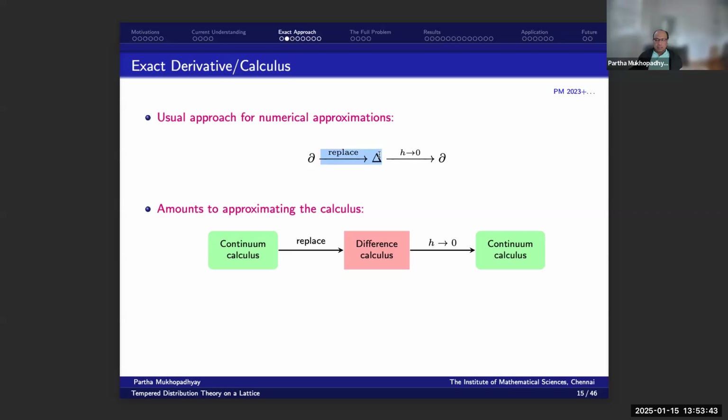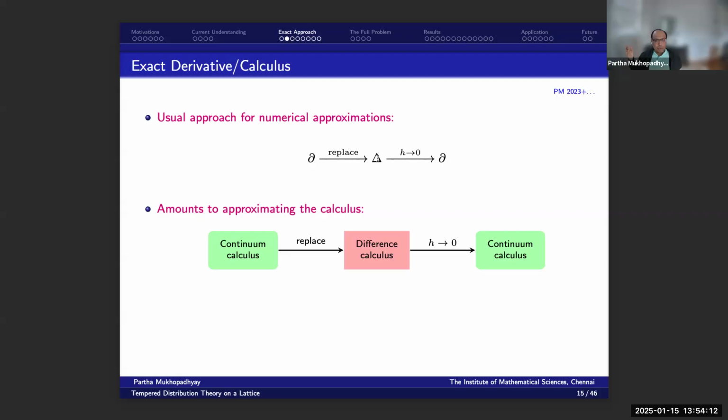Here, we are using the rules of difference calculus, which is different from continuum calculus, and in the h going to 0 limit, we should go back to the continuum calculus again. So you could view this as changing the calculus rules. For small h, difference calculus can be viewed as a correction to the continuum calculus. There is a one-to-one correspondence between the rules of the continuum calculus and difference calculus.